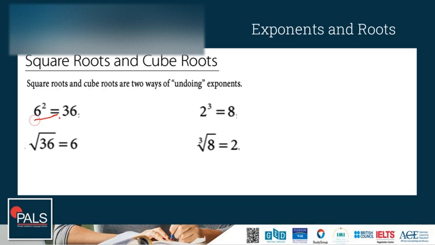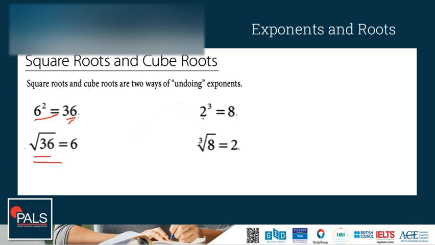6 squared is equal to 36, because 6 times 6 is 36. Now, the square root of 36 is equal to 6. You are looking for the root that, when squared, gives 36.